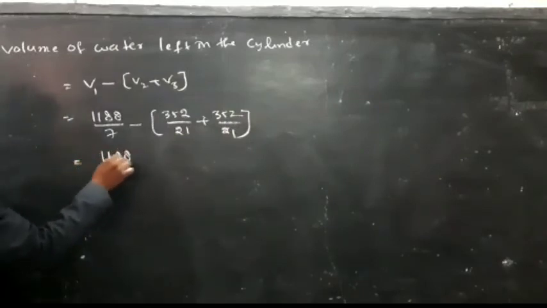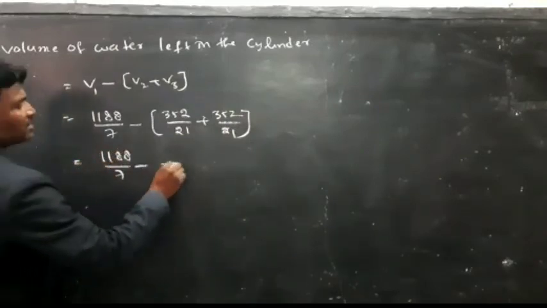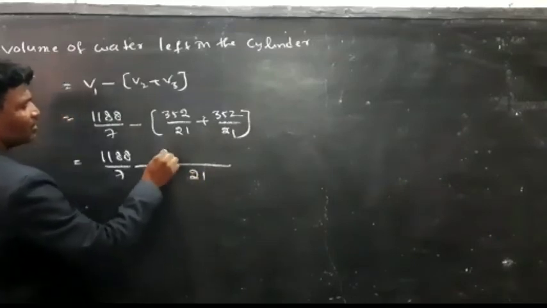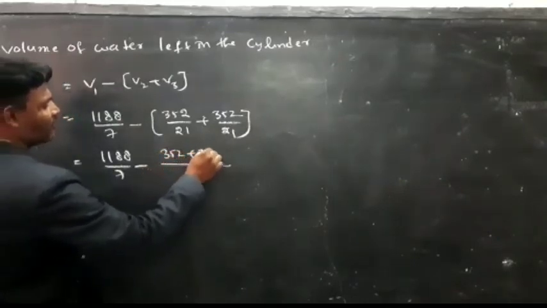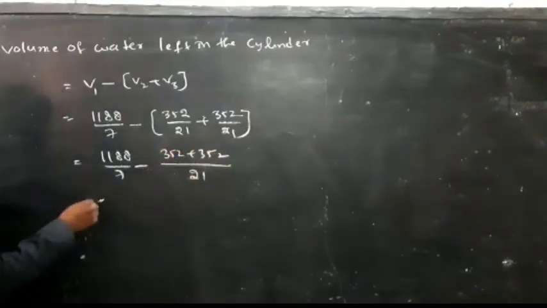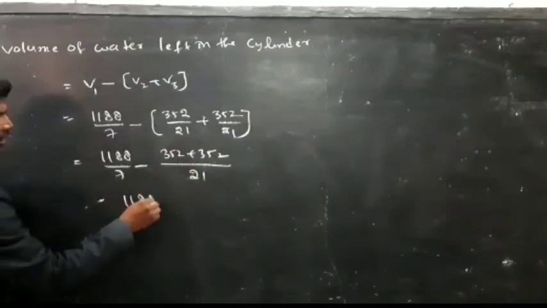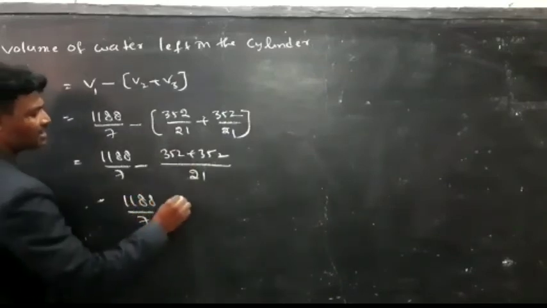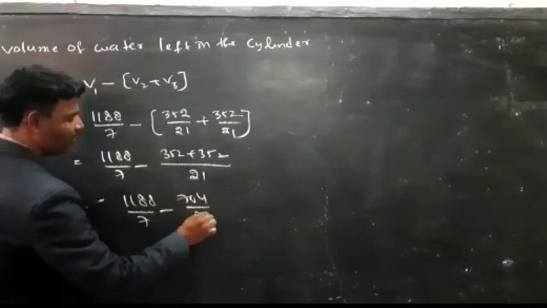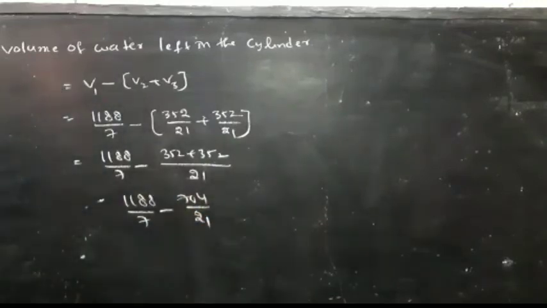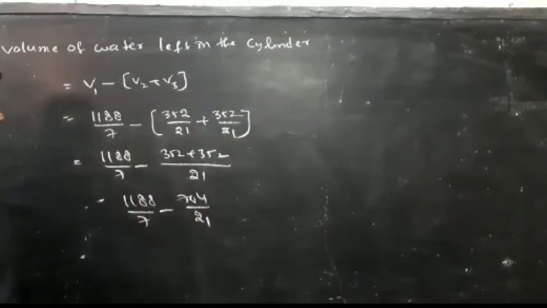These both are like fractions, so 352 plus 352 is 704. So 1188 by 7 minus 704 by 21. Why? Because the two are like fractions. So subtract.